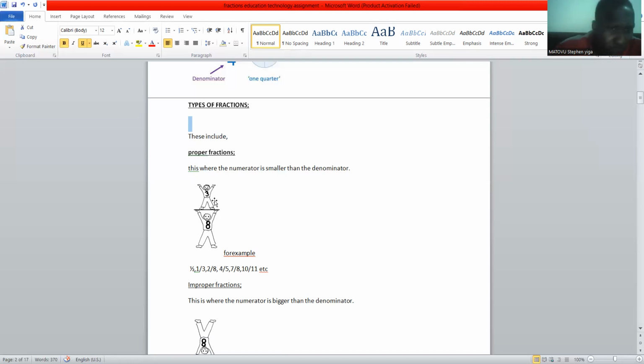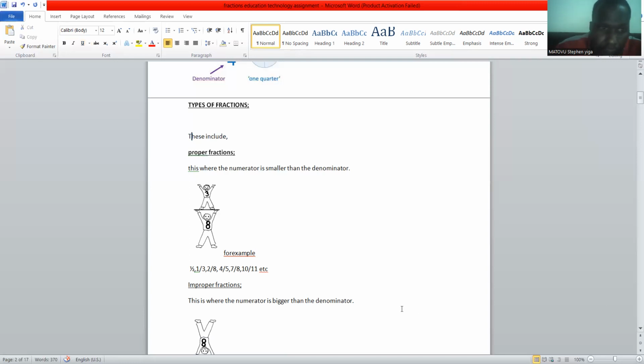For example, 1 over 3, 1 over 2, 2 out of 8, 4 out of 5, 7 out of 8, 10 out of 11, 9 out of 10. You can think of any fraction whereby the numerator, that is to say the upper part, is smaller than the denominator, or whereby the denominator is bigger than the numerator. Either way can work.